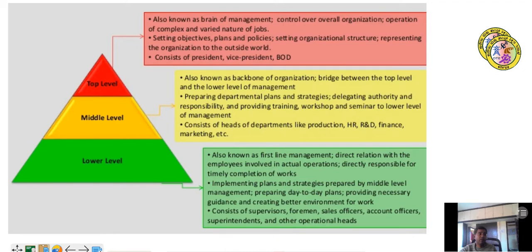We want to provide food for needy people. For that, the administrative officers, IAS officers sitting at the top level, are going to frame the policies. That is policy formulation. Their job is policy formulation: how we want to achieve the objective.